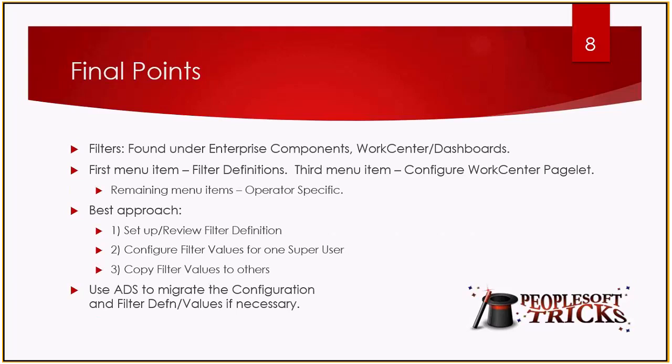So the best approach I've seen, set up and review your filter definitions, and then configure the values for a super user, then copy the filters to other users. And then only use scopes if there's a power user who has a business need for that. And then use the ADS to migrate the configuration and the filter definitions and values if needed.